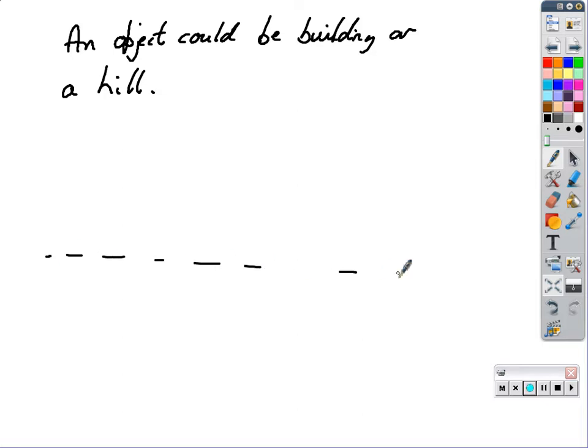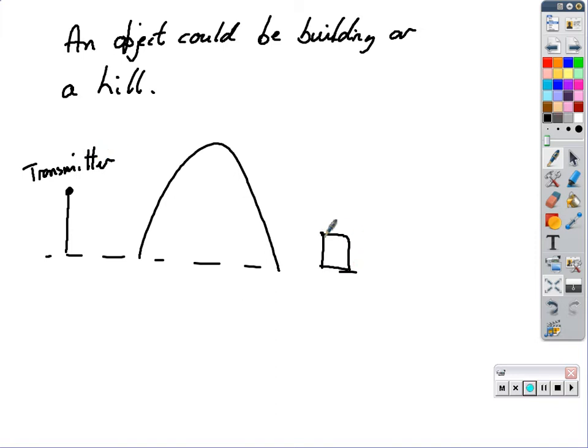You've got the ground there, you've got a big hill in the middle. You've got a radio transmitter at one end, so this is your transmitter. And here is a little house at the other side of the hill. Okay, transmitter at one side, house at the other side of the hill. It's the hill in the middle, in case you don't know what it is. And that's the house.